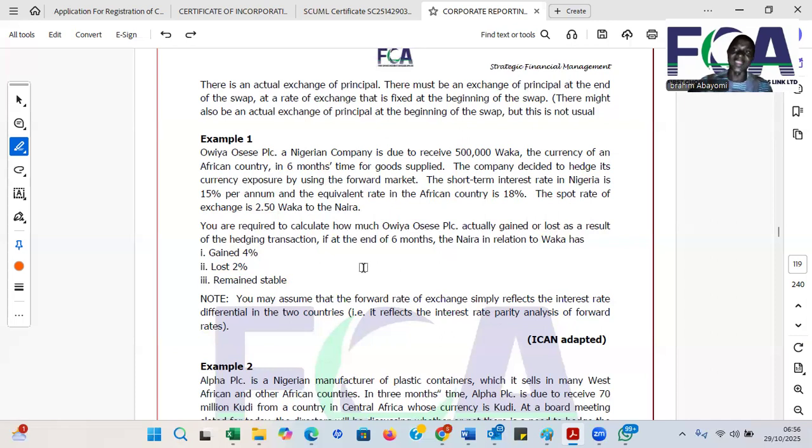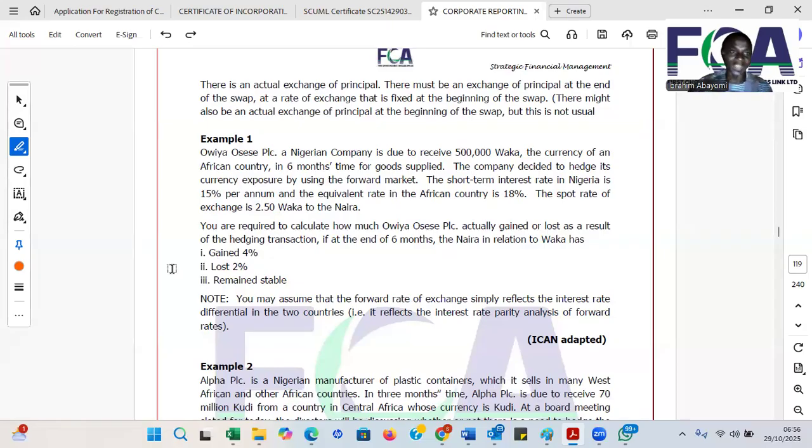So if I know the interest rates of the two countries involved, I can use interest rate parity theory to calculate a forward rate for the exchange rate between the two countries.